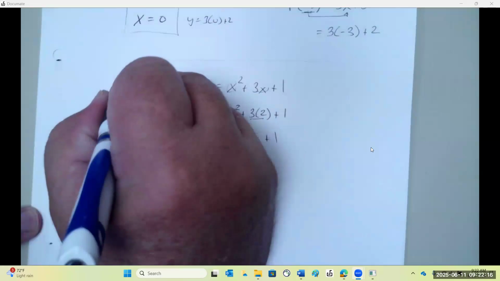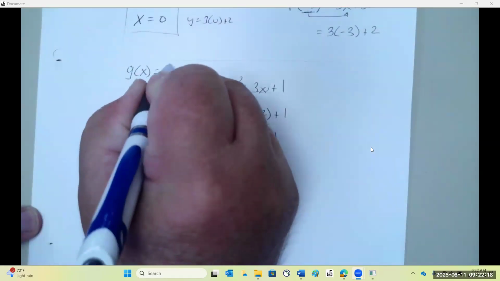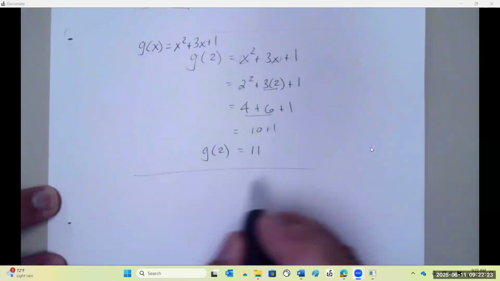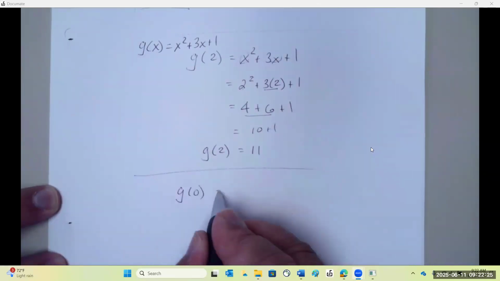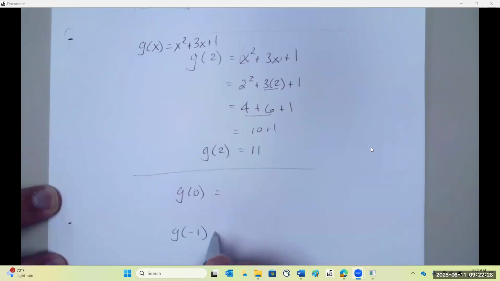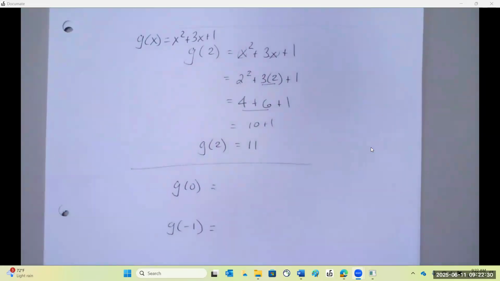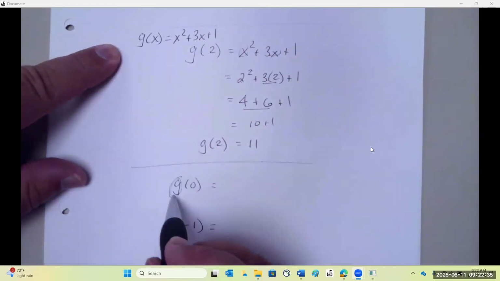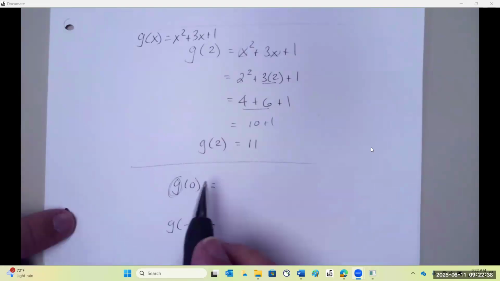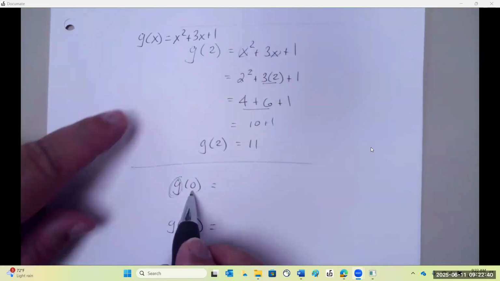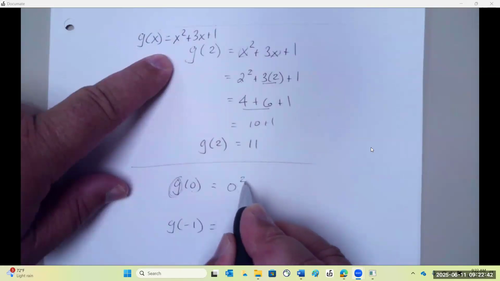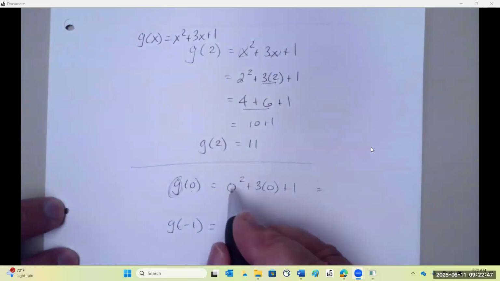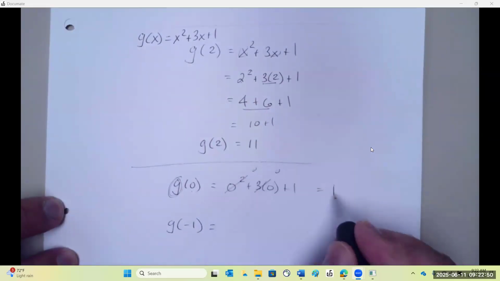Once I define what g of x is, all I have to do is this. Once it's defined, it says, okay, go to the function called g, and in place of x, put a 0. So I have 0 squared plus 3 times 0 plus 1. That 0, so it equals 1.